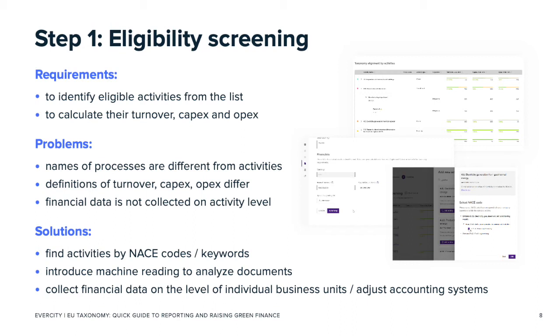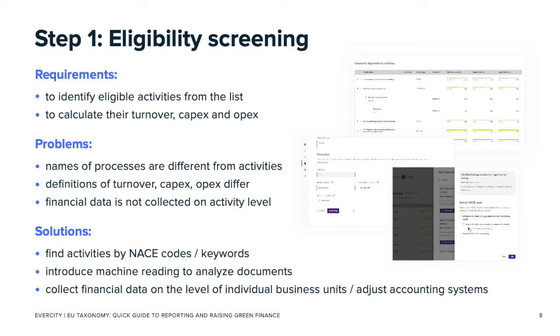So first you add an activity, then you add these units, for example, plants, power plants, depending on what your company does, then you screen them. This is how we try to help match the corporate reporting system with the EU taxonomy, to recreate the same structure within the taxonomy process. So this is about eligibility screening.